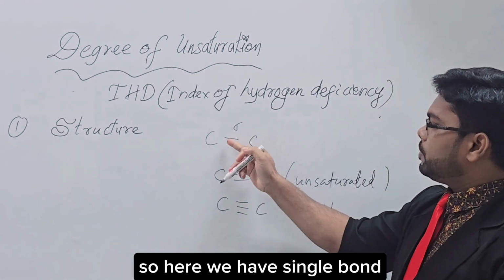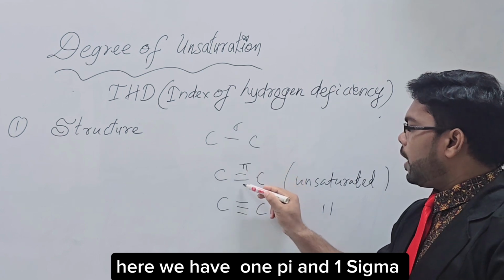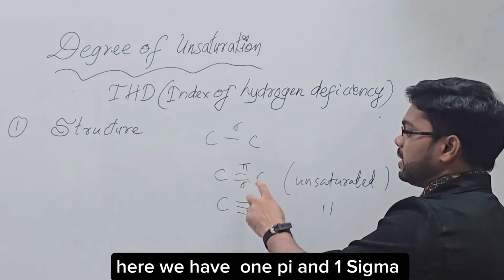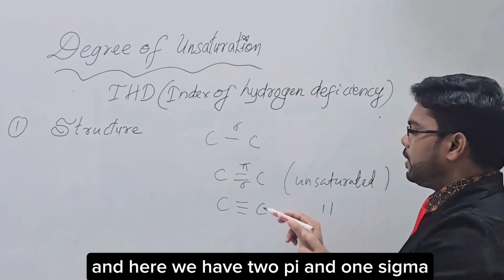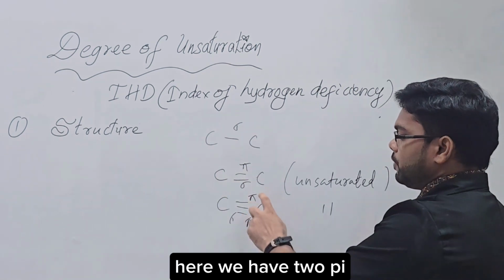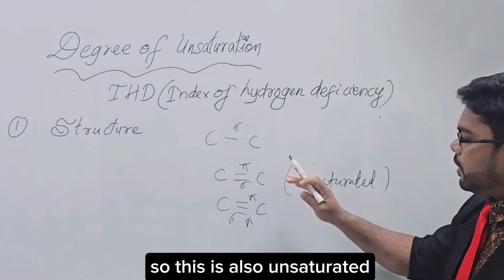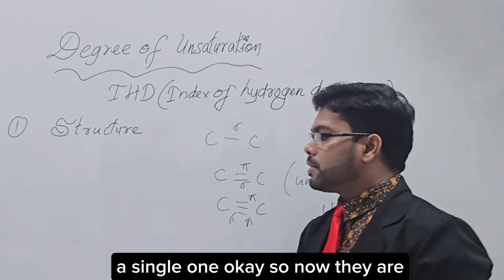Here we have a single bond, therefore it is a sigma bond. Here we have one pi and one sigma, which refers to the double bond. And here we have 2 pi and 1 sigma. So this is also unsaturated, but the first one is a saturated single bond compound.